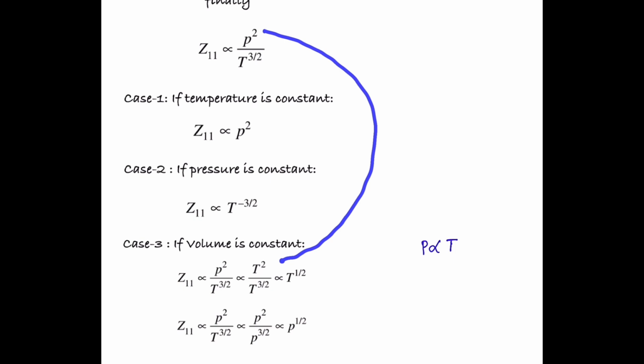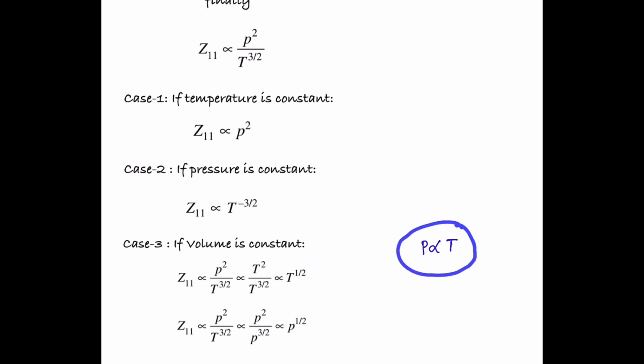As a result, Z11 is proportional to root over T. Similarly, P is proportional to T in isochoric conditions. Therefore, in place of T power 1 by 2, we can also write P power 1 by 2. This is the dependence of Z11 on pressure and temperature.